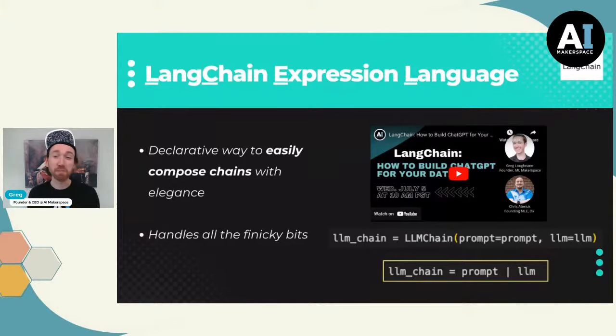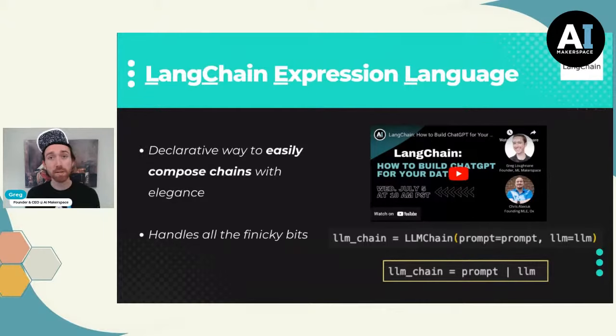I mean, this is just sort of a beautiful line of code. And it really does a great job at handling all of the finicky bits that LangChain used to require a little bit more work to get right, like async, like streaming, parallelism, and it really integrates well also with LangSmith, a production level tool still in beta.